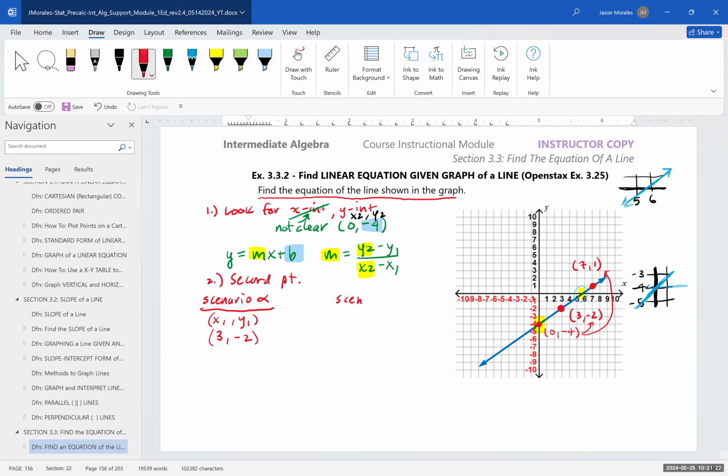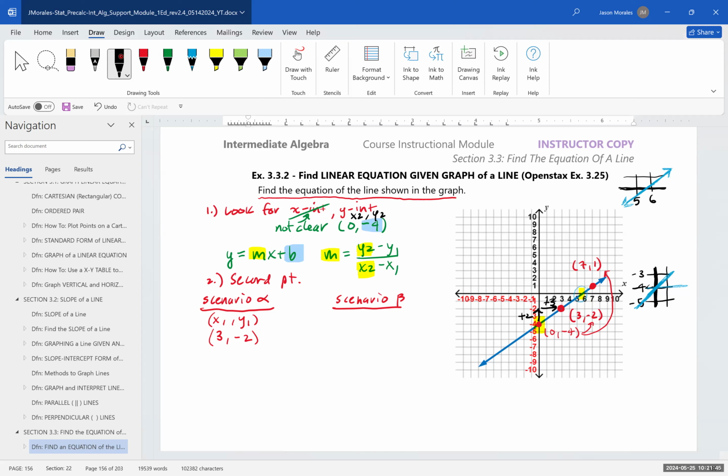And then we'll have scenario beta. And I'm doing some extra work because I just want to see if this is right. The reason why I suspect this is going to be different is just notice that when we go from our y-intercept to the next point, we have a rise of 2 and a run of 3, +2 and +3.